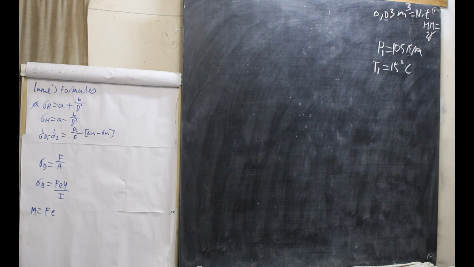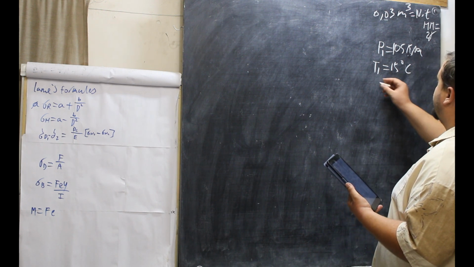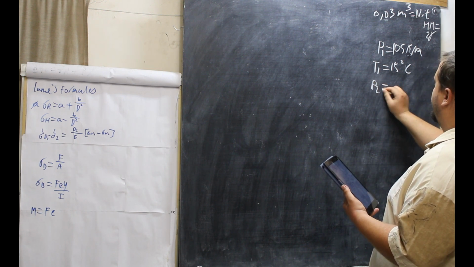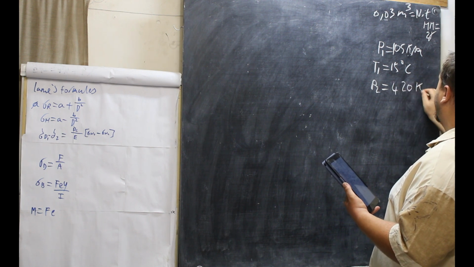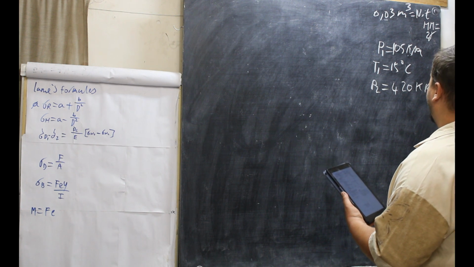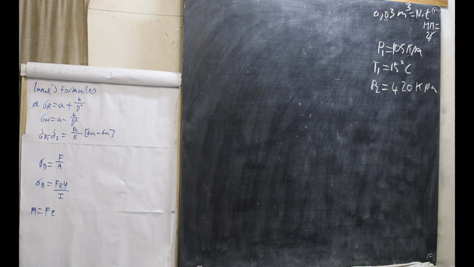The gas is compressed isothermally and reversibly until the pressure P2 is 420 kPa. Now, reversing can work in both ways. You can either increase pressure and temperature or decrease pressure and temperature. In this case, we are increasing pressure and temperature.